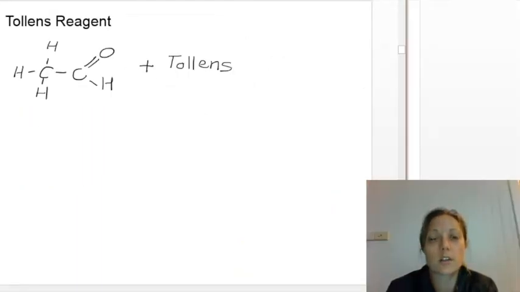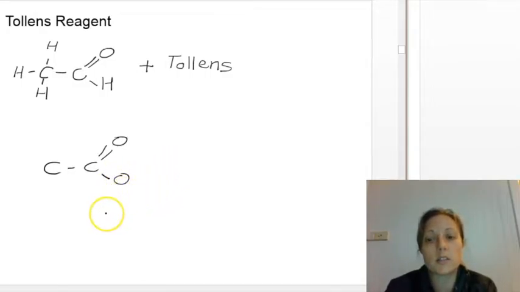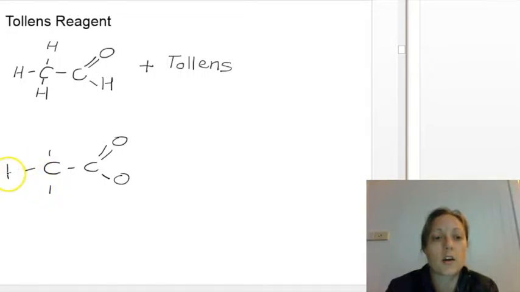So let's have a look at how the Tollens reagent works. When we add Tollens reagent to an aldehyde, similarly to acidified dichromate, we oxidize this aldehyde to a carboxylic acid. So we get this oxidation. But because we are not in acidic conditions, we end up having a carboxylate ion rather than a carboxylic acid.